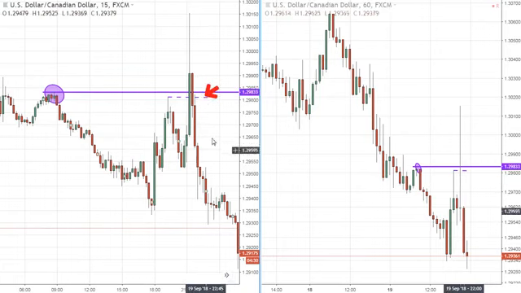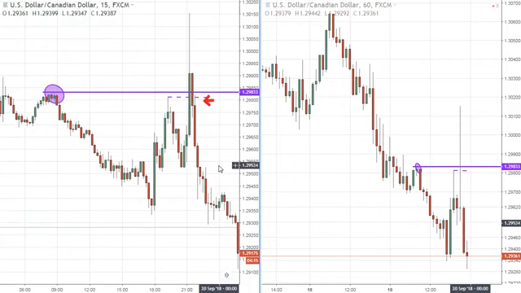Because if the buyer is really interested, he needs to pick up immediately, okay? Because there's not many buyers that will buy against a resistance like this, okay?